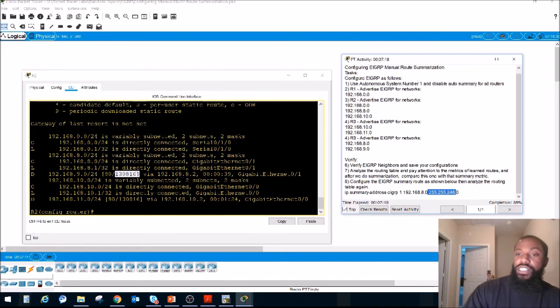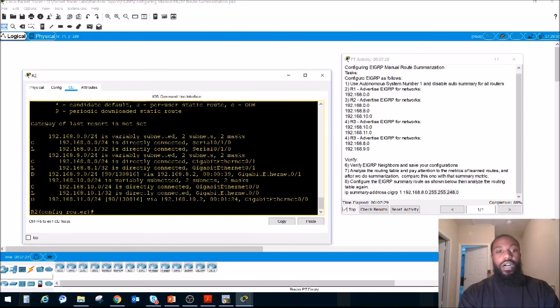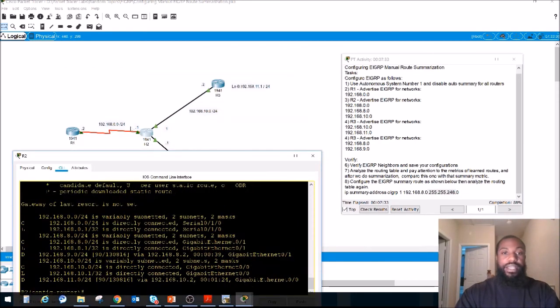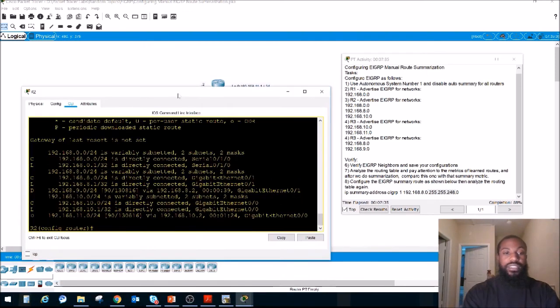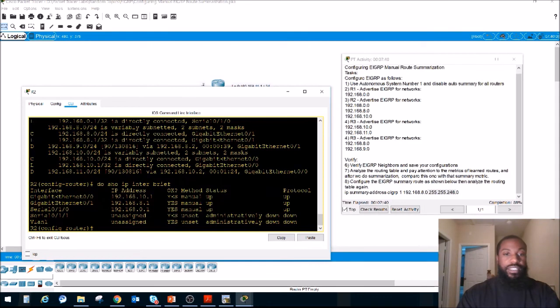This is a slash, what is that? Slash 21. That's a slash 21, I believe. Yeah. So we need to go to that interface right there, which is the serial interface. Let's do a show ip interface brief. See which serial interface. Let's exit out of that.